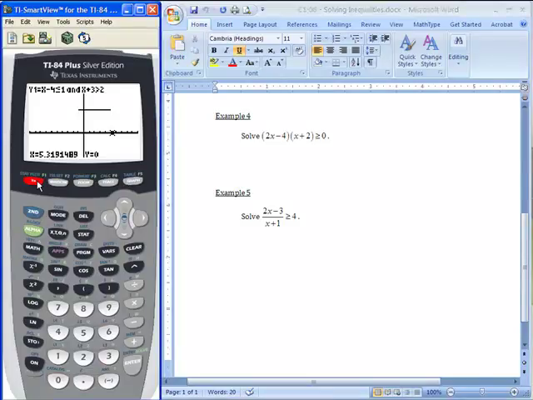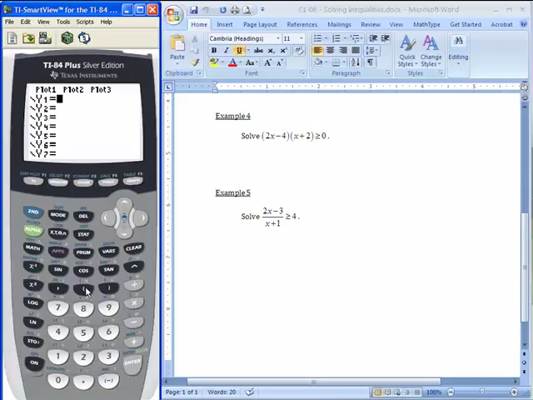Let's go to the y equals menu. Let's clear out example 3, and let's type in exactly what we see. So we're going to type in a left parenthesis, 2, and then x minus 4, and we'll close the parentheses.